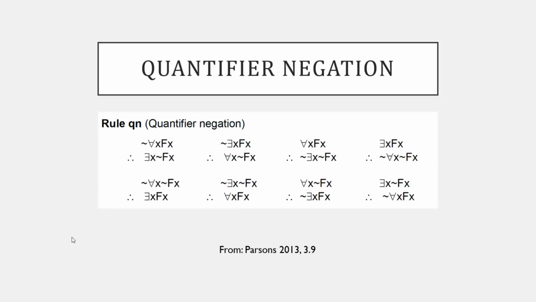Feel free to memorize and help yourself to using them all if you prefer, but really the typical case where quantifier negation is useful is where you've got a show line for a quantifier, you assume ID on it, and then you can do something with that negated quantifier. You can turn it into something that you can use. So that's the most common place to use them. Those are the ones I would worry about most.